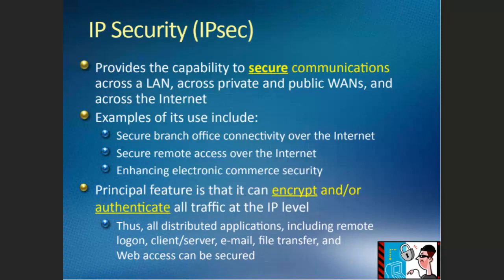Examples of the use of IP security and VPN are secure branch office connectivity over the internet, secure remote access over the internet, and enhancing electronic commerce security. These are all examples of the use of IP security and VPN.